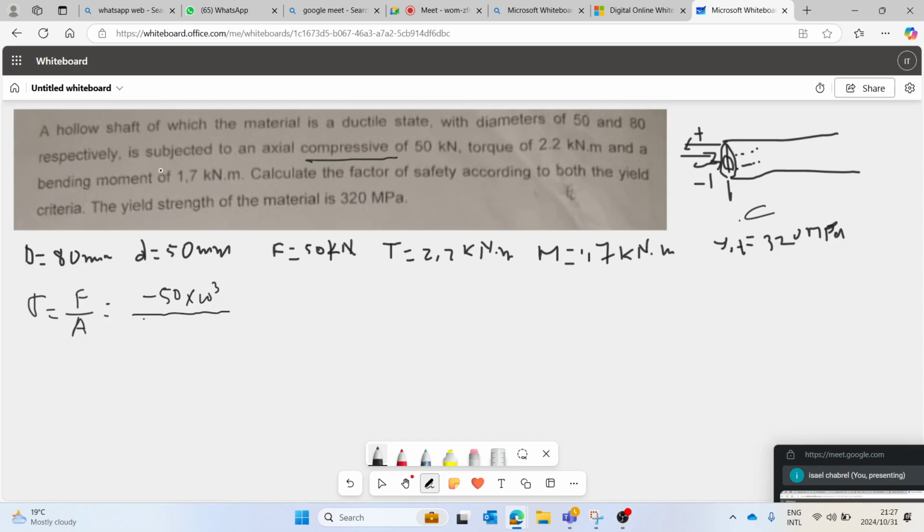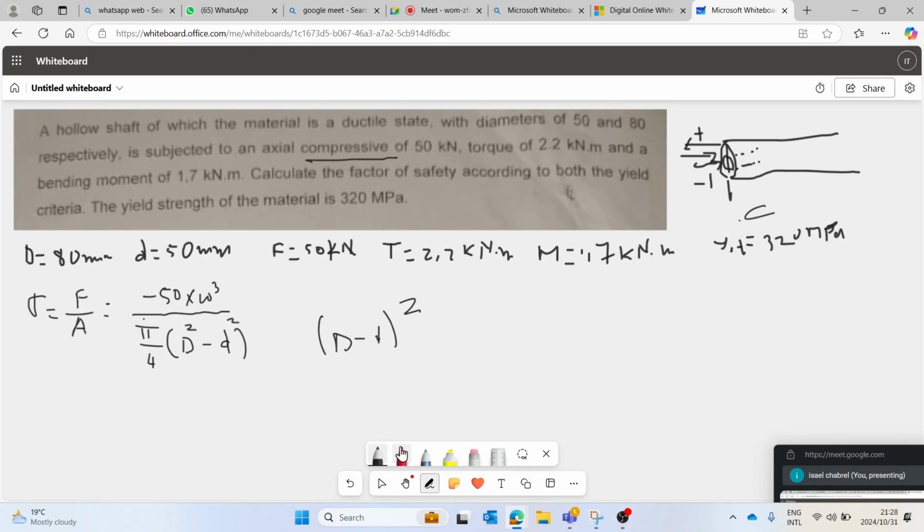What is the area? Because we have a hollow shaft, area will be pi over 4 times big diameter squared minus small diameter squared. Okay, for a hollow shaft, is it D minus d squared or D squared minus d squared?